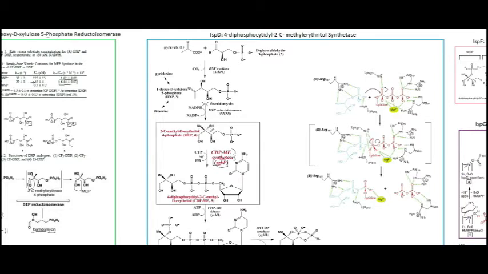For this, basically all we're doing is taking our MEP here and adding this cysteine, or not cysteine, cytosine, that's what it's called. Sorry, brain fart. The cytosine.